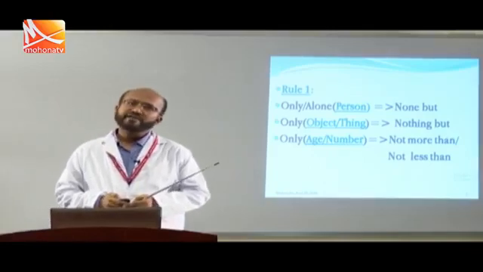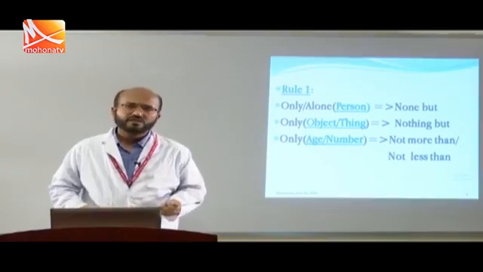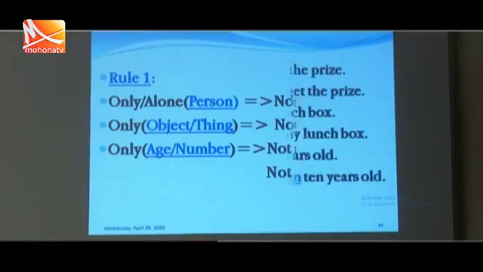Then age or number, not more than or not less than. So now see here: only, alone, person. You write this down very carefully. This is very important. Only, object, thing: nothing but. Only, age or number: not more than, not less than.